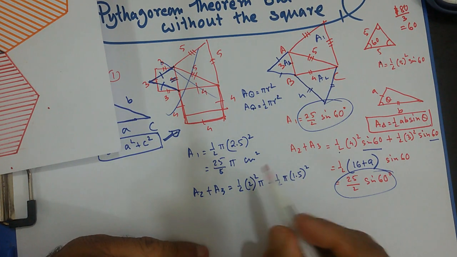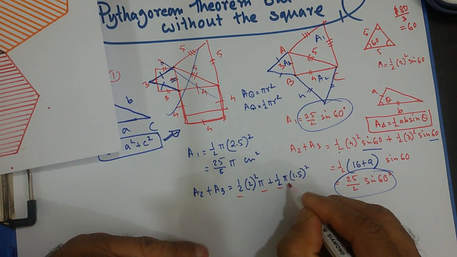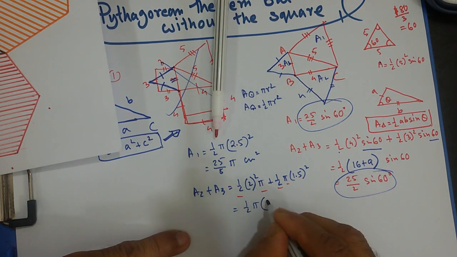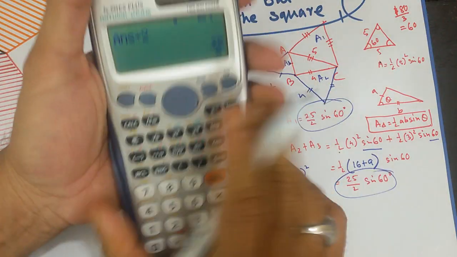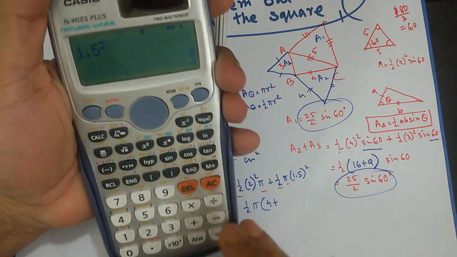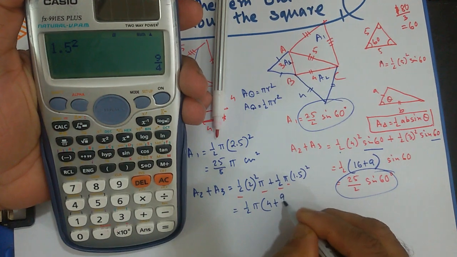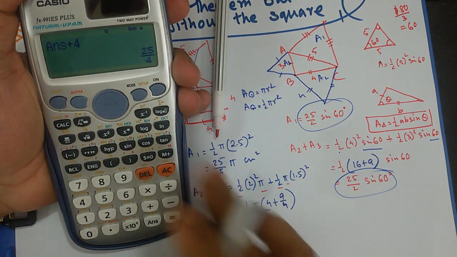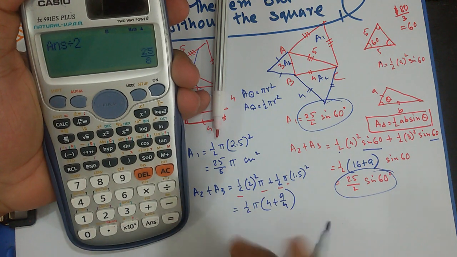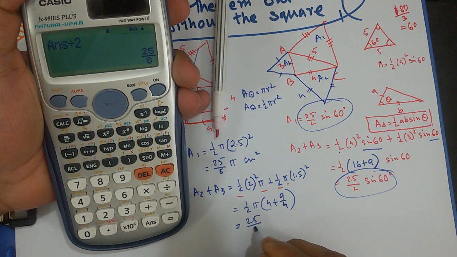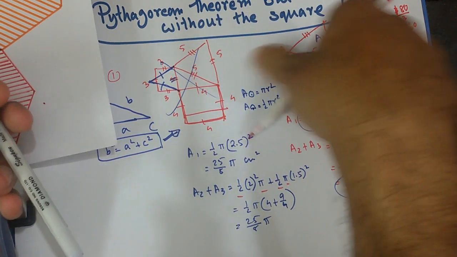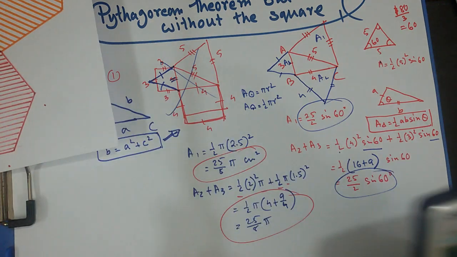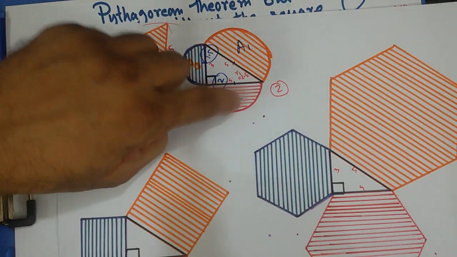Same way, if I take half and pi common, I'm going to have half pi, and over here is 4 and over here 1.5 squared is 9 by 4. So 9 by 4 plus 4 gives me 25 by 4, divided by 2, so that's 25 by 8 pi. So this is also proving that the Pythagoras theorem works if instead of a square I take a semicircle.